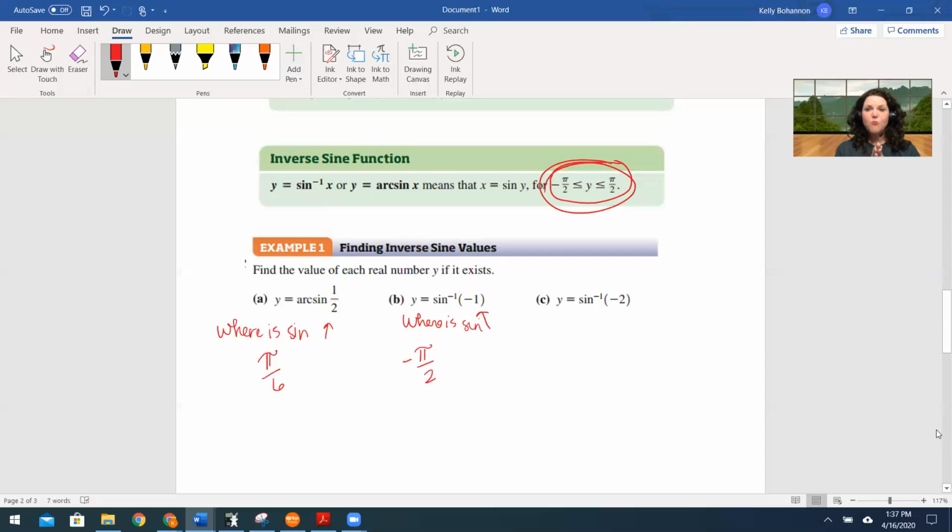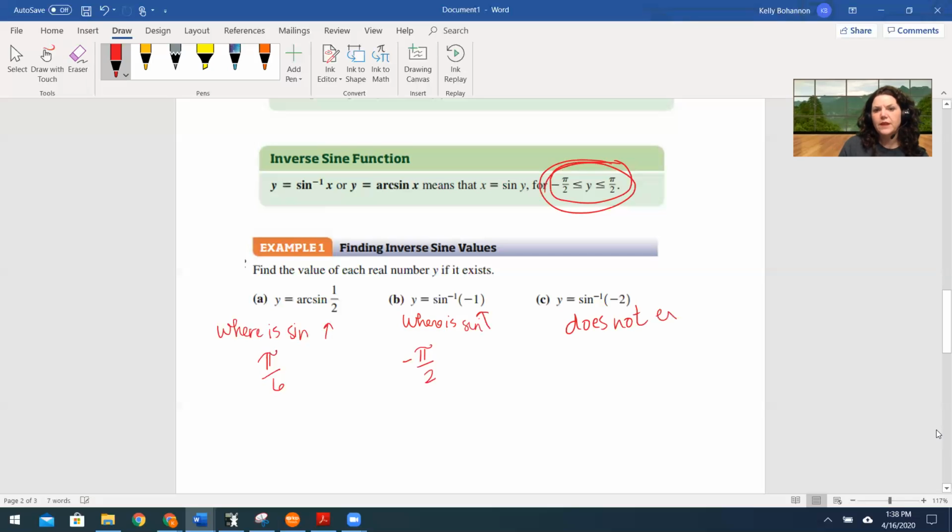Sine's y values go from -1 to 1, which means the x values of arc sine can only go from -1 to 1, which means -2 does not exist.